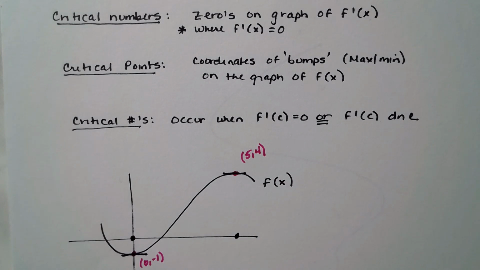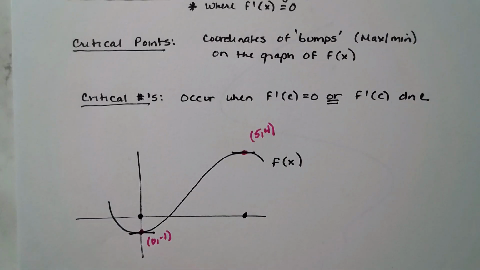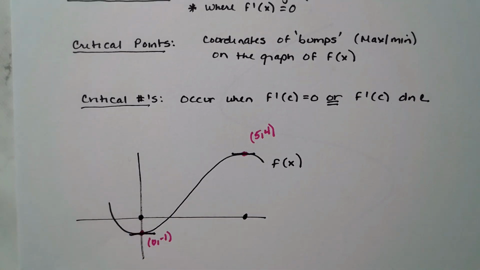So again, I'm making stuff up. If I draw a tangent line here and here, it's going to have a slope of 0. So it means the derivative equals 0, or the slope of the tangent line equals 0, or the instantaneous rate of change or instantaneous velocity, they all mean the same, is 0 at the point where x equals 0 and x equals 5, right?